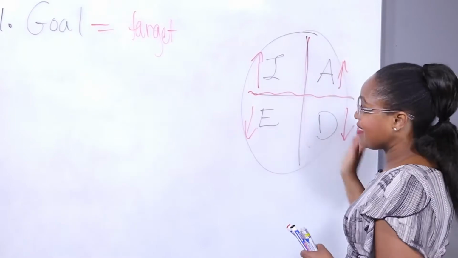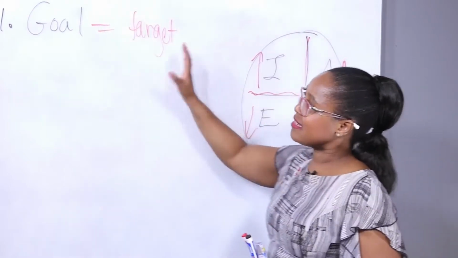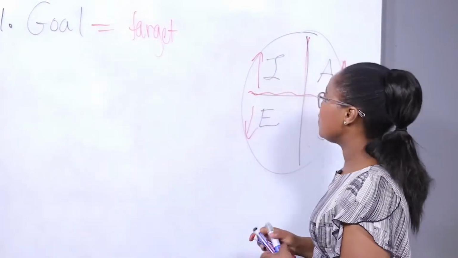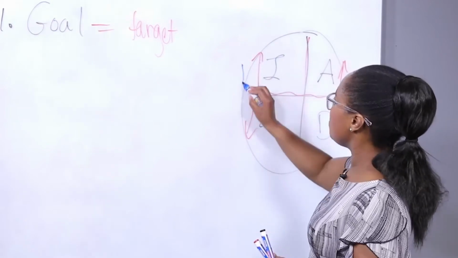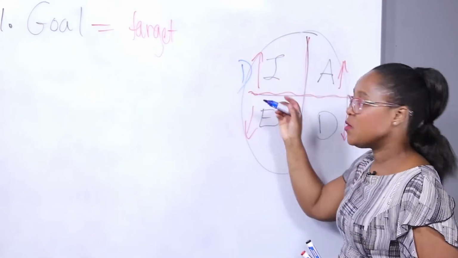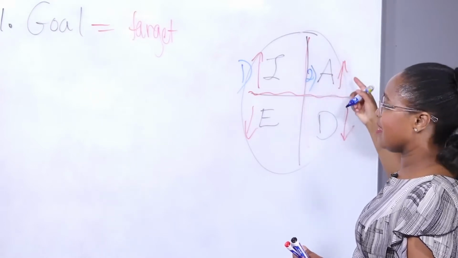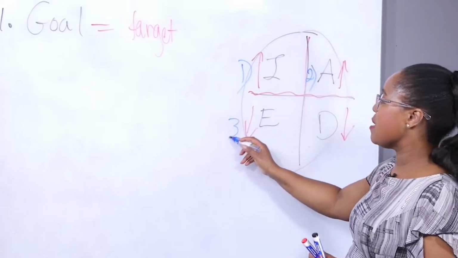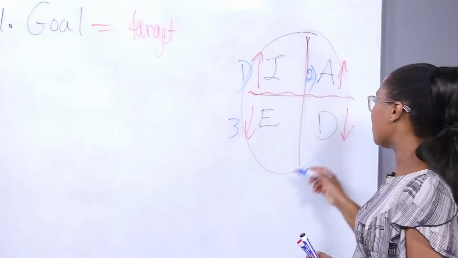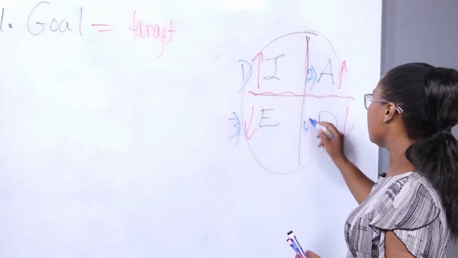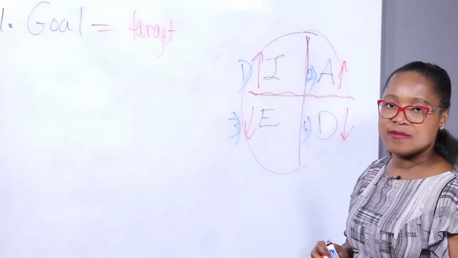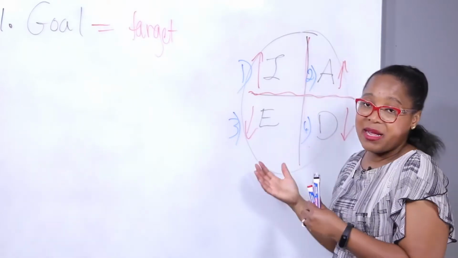So if that's the case, then when you are setting up your target, the first one will be to increase revenue. Goal number 2, possibly, would be to increase the assets. Goal number 3 may be to reduce expenditure. Goal number 4 may be to reduce the debt. It doesn't matter.